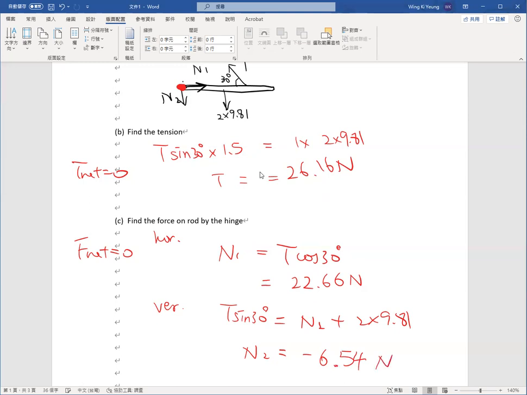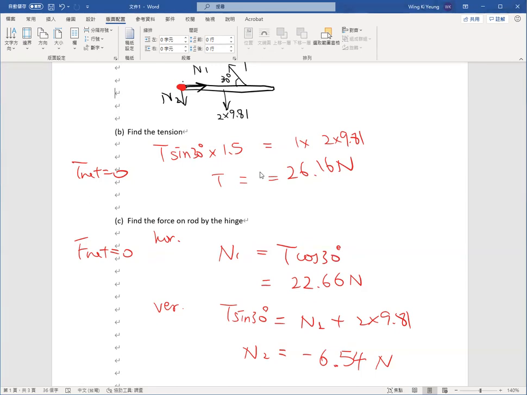What does negative mean? It means that this force should be vertically upwards instead of downwards. So it should be upwards, 6.54. It doesn't matter whether you let the force be in the correct direction or not.